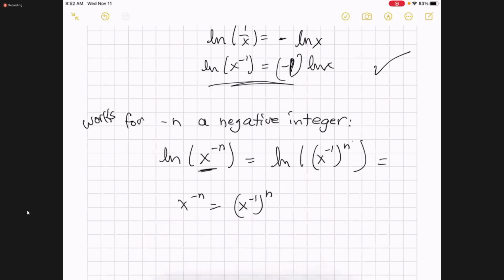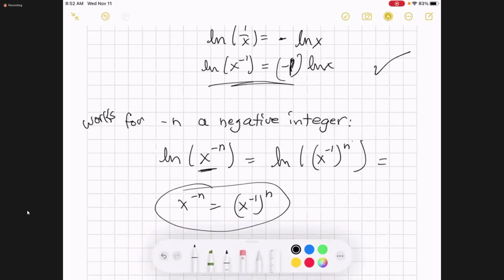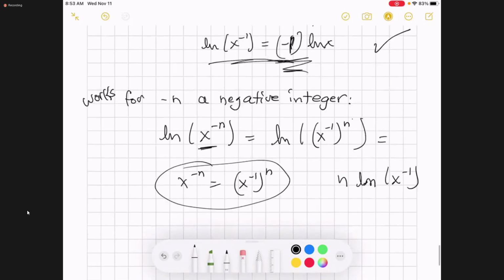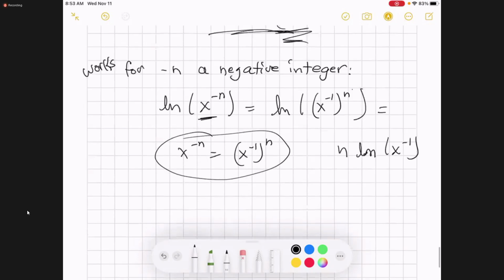So this is equal to, I can pull that n down because I've already shown this works for positive integers. That's equal to n ln of x to the minus 1. But I just proved up there that I can pull that minus 1 down too.